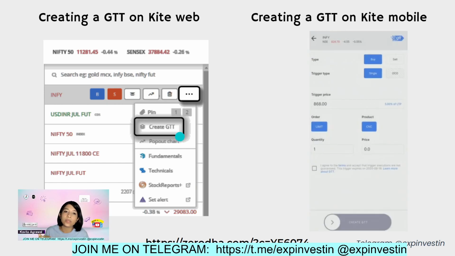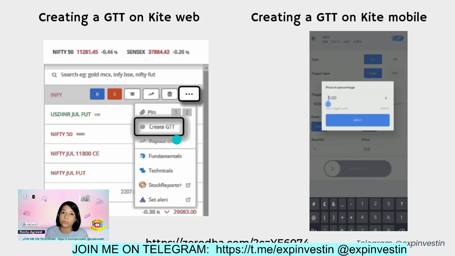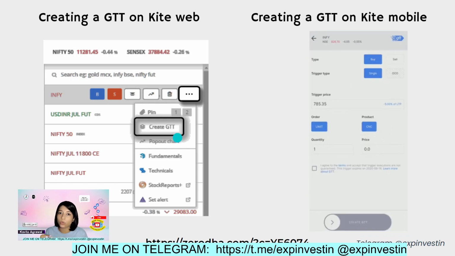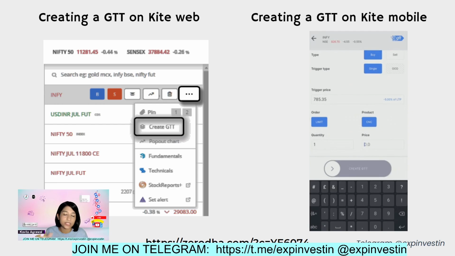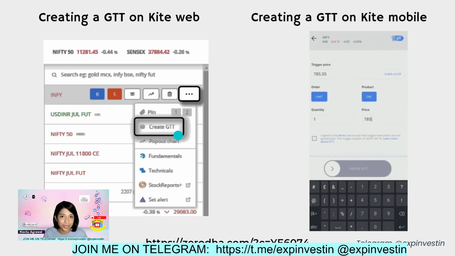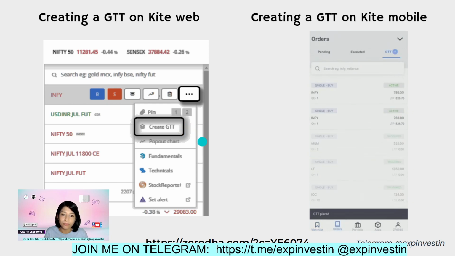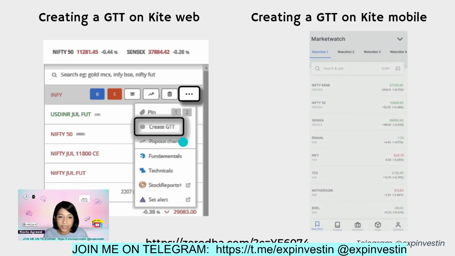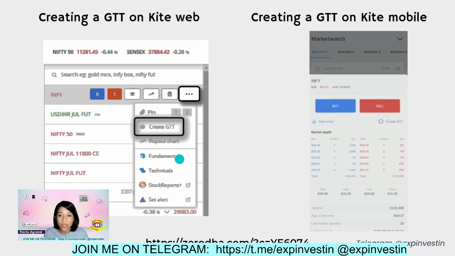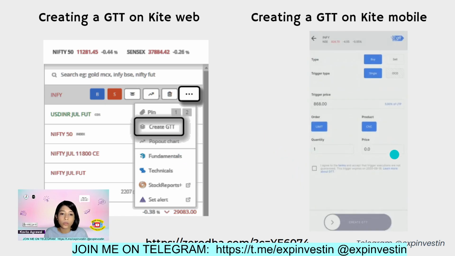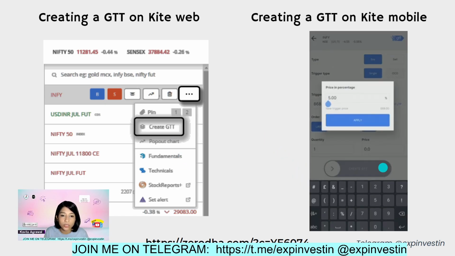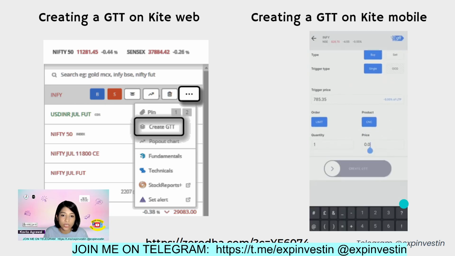Alternatively, you can also create GTT from your order book or your position book. You can create GTT anywhere there is a stock name in Zerodha. All you have to do is click on the three dot menu, select GTT and then go about creating it. On the mobile, you're going to have to long touch the stock idea, as you can see in this GIF.